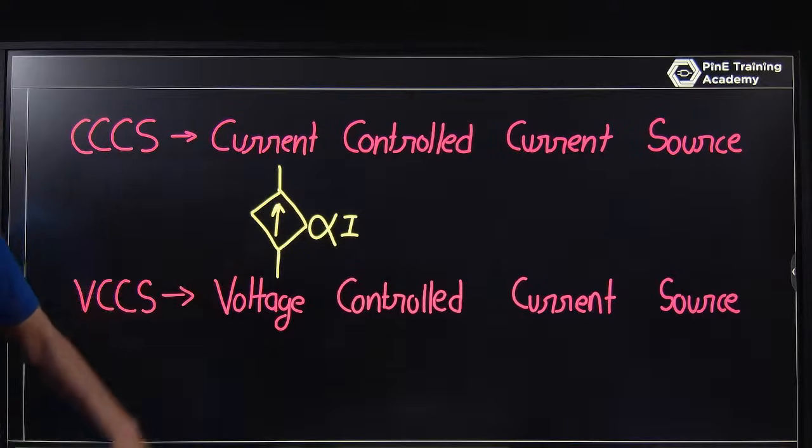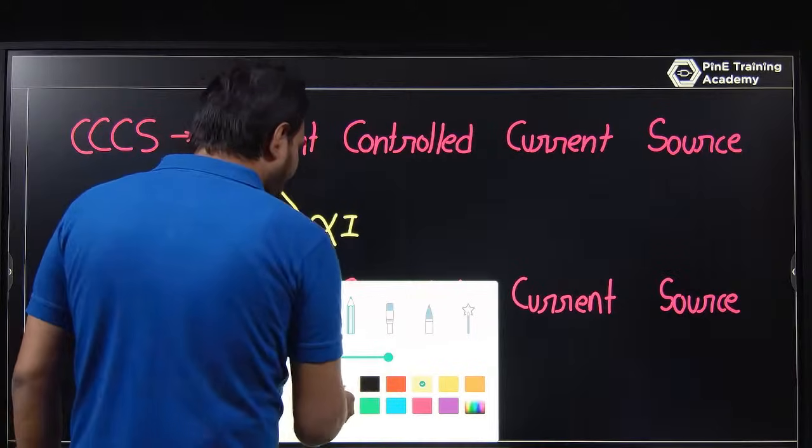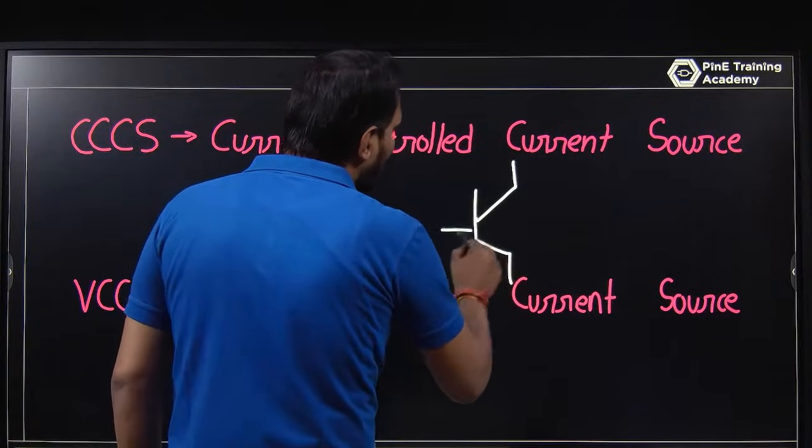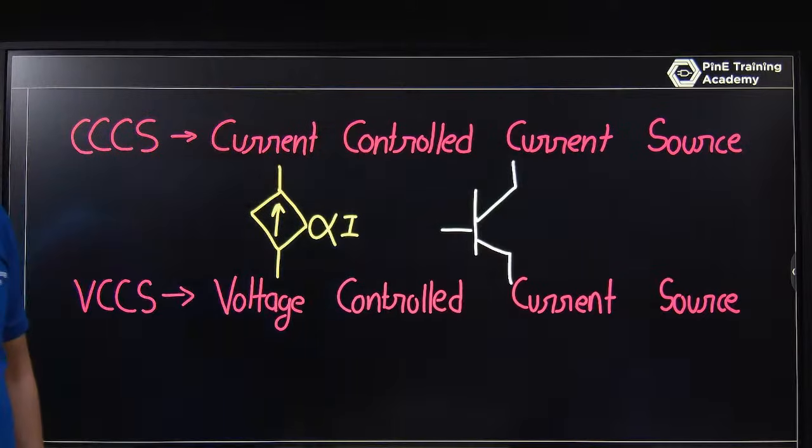That is called a current controlled current source. Just like a BJT. The BJT example: you are using BJT in a current mirror. If you are designing a current mirror with the help of BJT, you will find that current controlled current source.